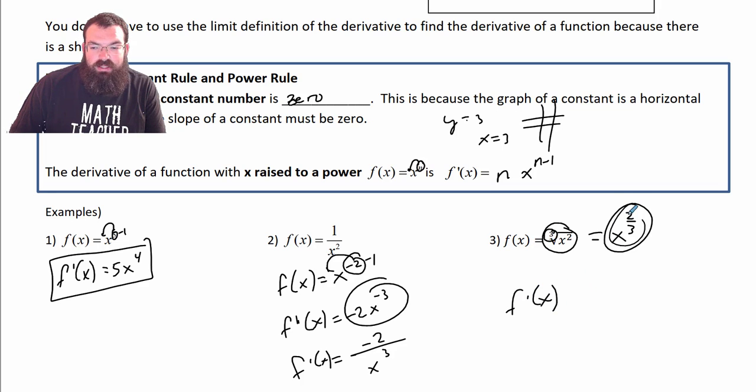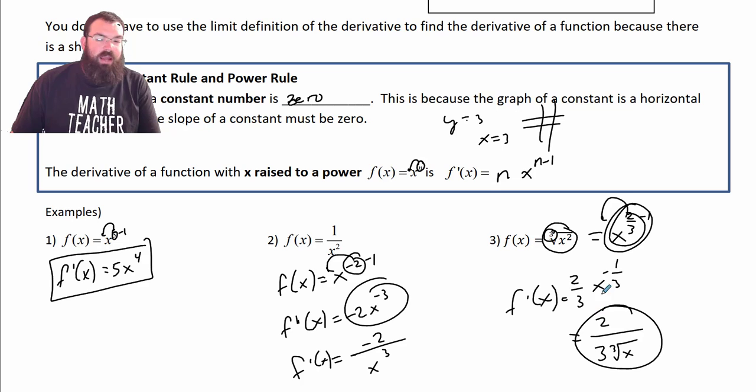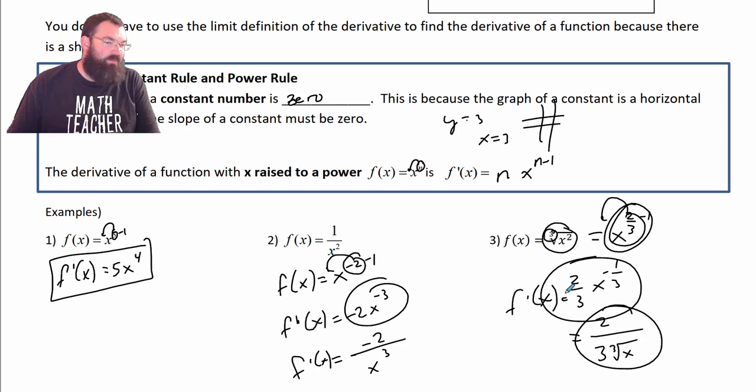So I bring this 2/3 to the front. I put x and I subtract 1, so that's now negative 1/3. So I can rewrite this as 2 over 3 times the 3rd root of x. So this is just another way to write it. This would be acceptable as well. You don't have to worry about changing it.